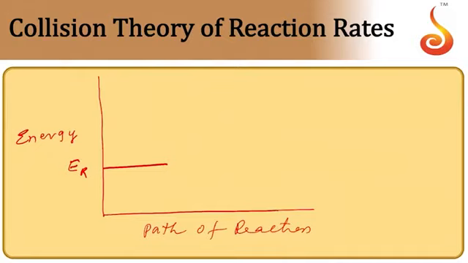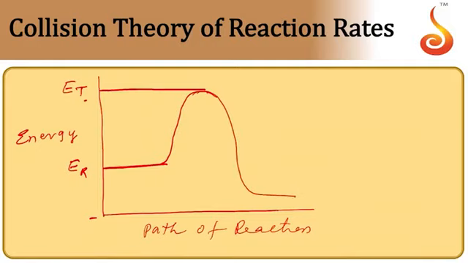They must attain energy so as to react, so the graph goes like this. This value can be taken as ET, the threshold energy, from here to here. Then here the reaction takes place and products are formed, and suppose the graph comes down like this.